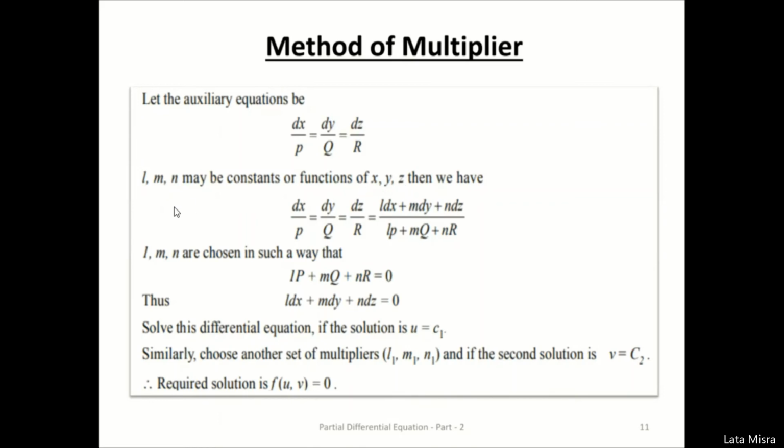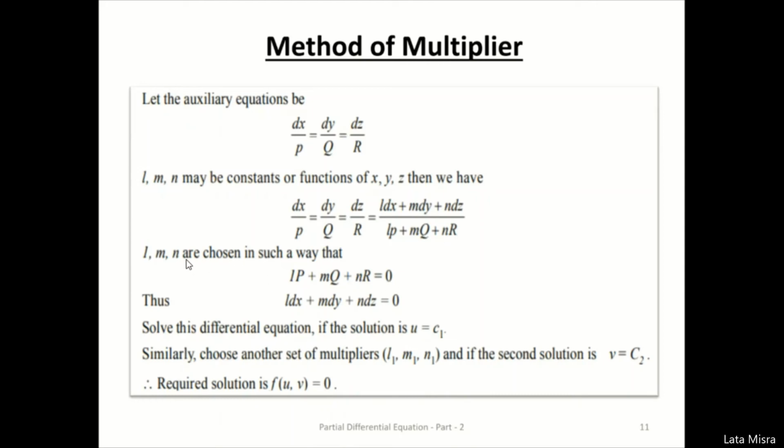We choose l, m, n in such a way that we multiply l to the first term dx/p, m to the second term dy/q, and n to the third term dz/r, and we add, so the numerator is l dx + m dy + n dz and the denominator is lp + mq + nr, and lp + mq + nr is equal to 0.